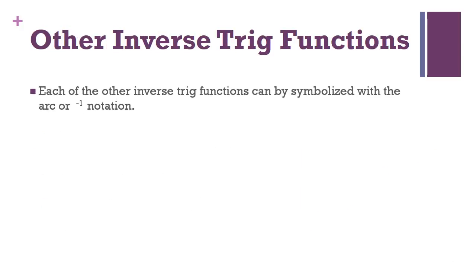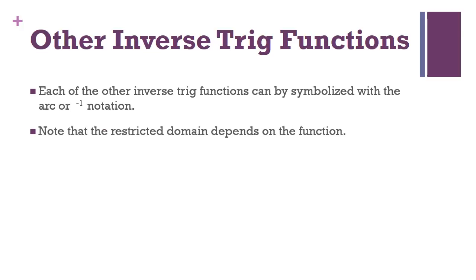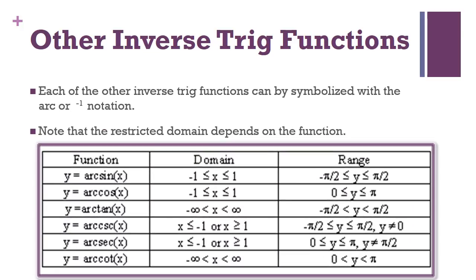Now, there's going to be a little bit of variation among them. Each of the others can be symbolized with the arc or the -1 notation. The restricted domain depends on the function. The sine, the tangent, and the cosecant are all going to have the same restricted domain, so their inverses will have the same range.